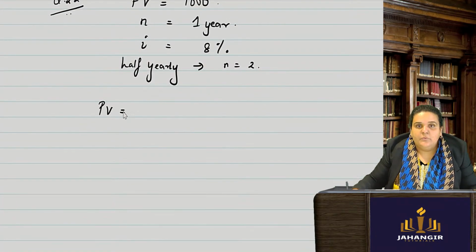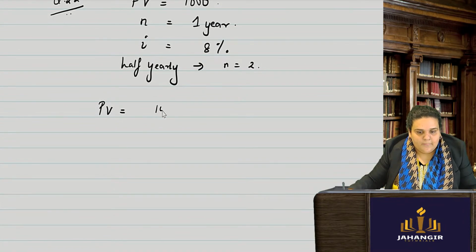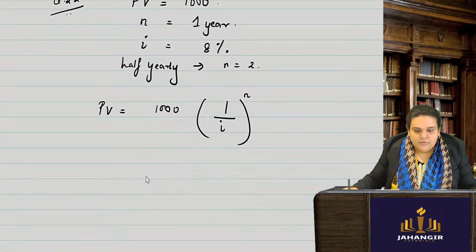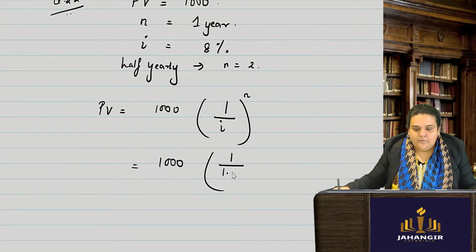So present value will be equal to the sum into 1 upon 1 plus I, the whole thing raised to n. So 1000 into 1 divided by 1 point... Since it is 8% compounded half yearly, I will become 4%.